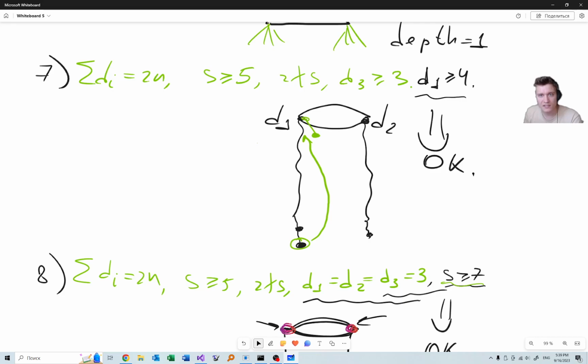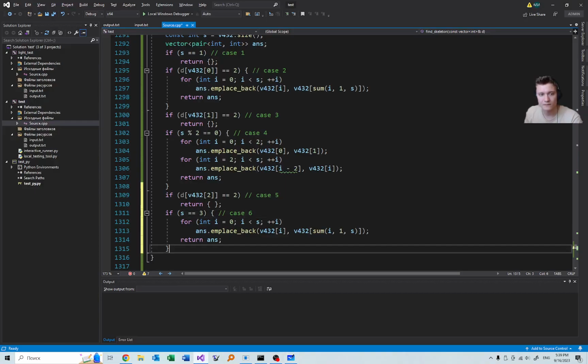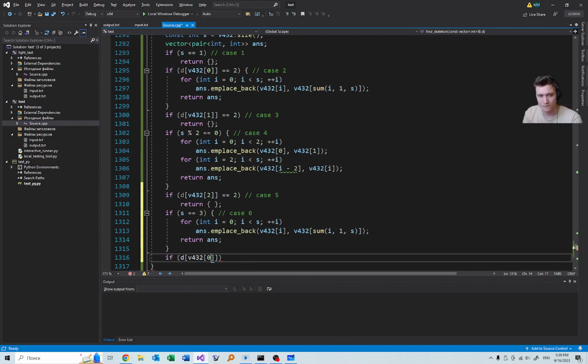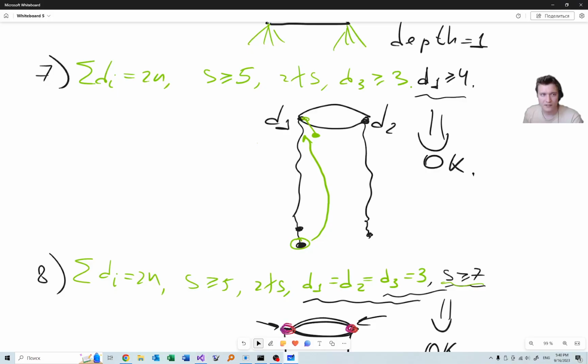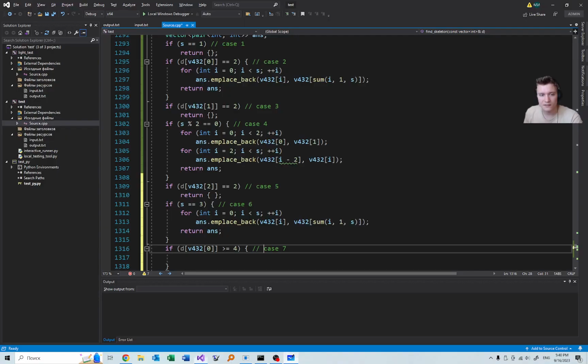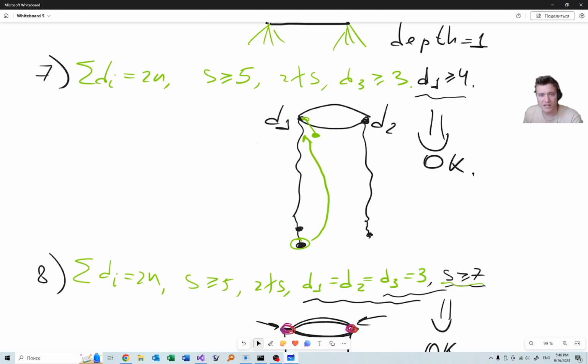So the seventh case is d1 is at least 4, and in this case, we need to make 2 bamboos of the same size and then attach one vertex to d1.